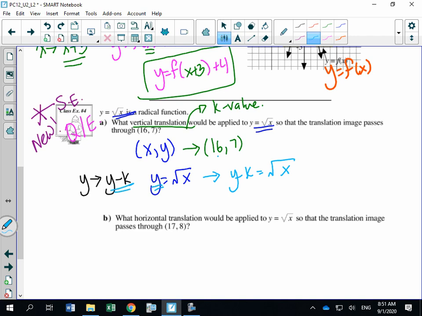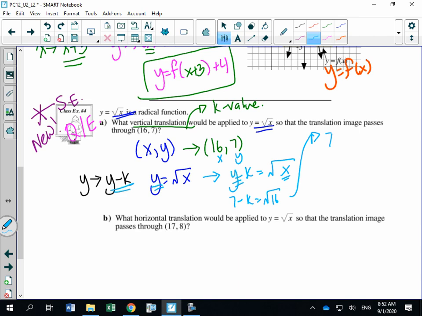Up here, 16 is my x, and 7 is my y. So let's take out the y and the x, and let's put in those numbers. So 7 minus k is equal to the square root of x. Sorry, x is 16. So let me just take that out and let me put in 16.